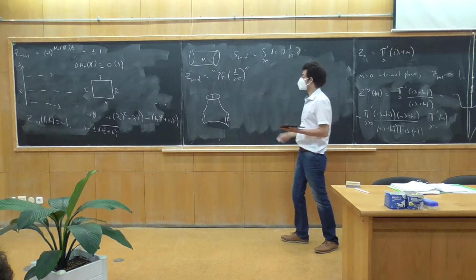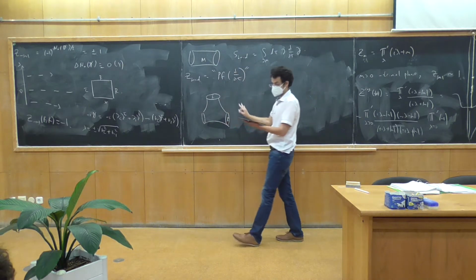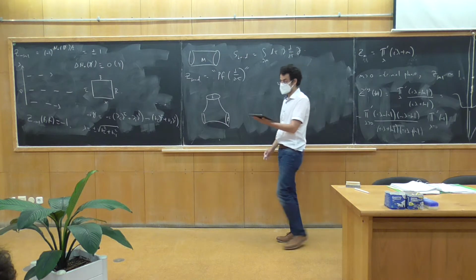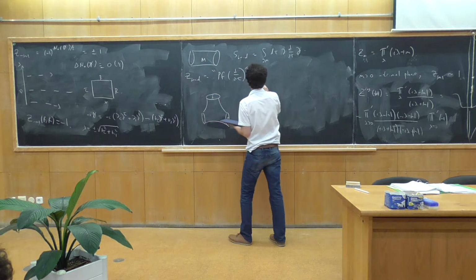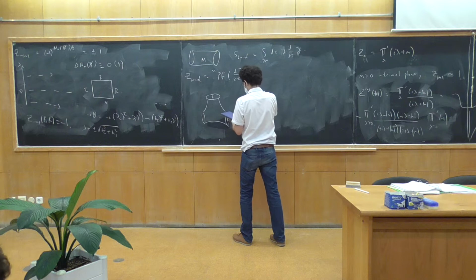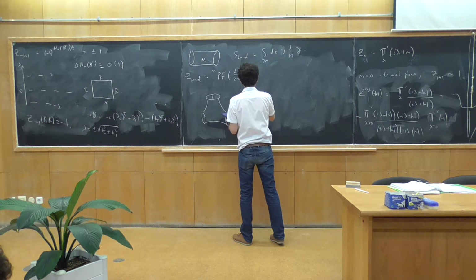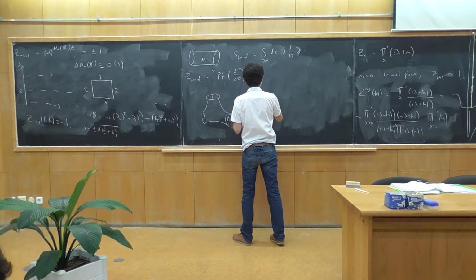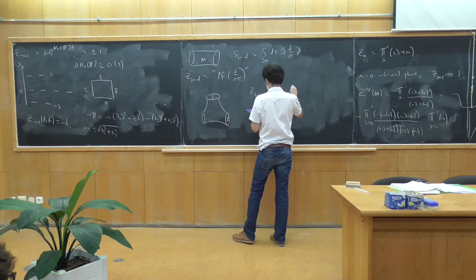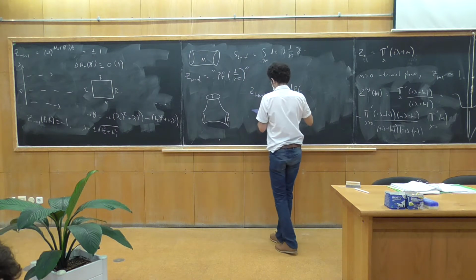And the answer is the following. First of all, these questions can be answered, and it turns out that at least at the level of the partition function, this is the answer.